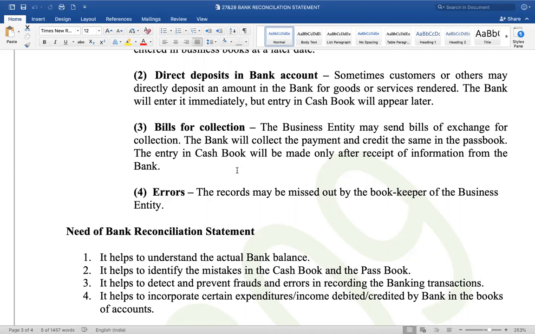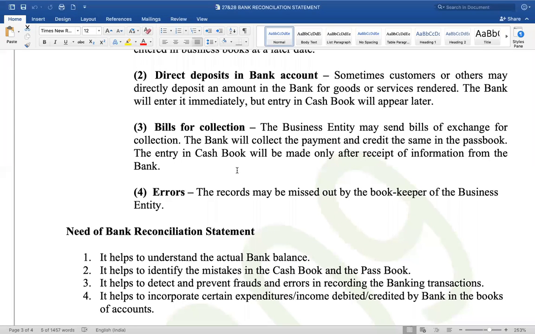The person who received the goods directly deposits money in your account, but the same is not known to you till the banker communicates that to you. So as per you, the amount is 10,000, but there is a sale amount deposited by your customer. It is 15,000 as per passbook, but as per cash book, it is only 10,000 because that communication is still to be received. That's direct deposit in the bank.